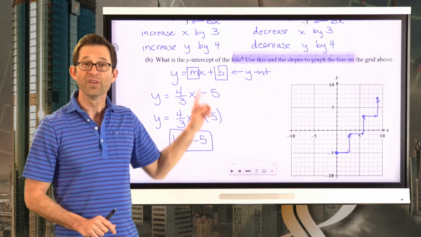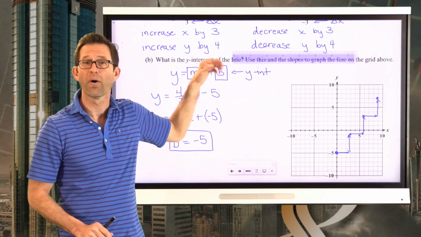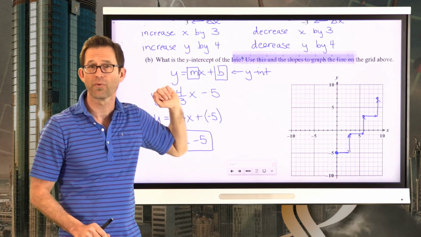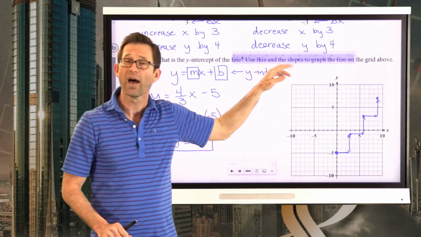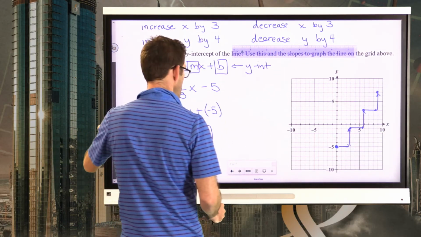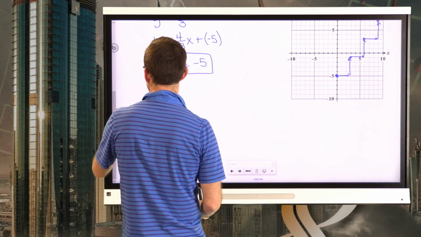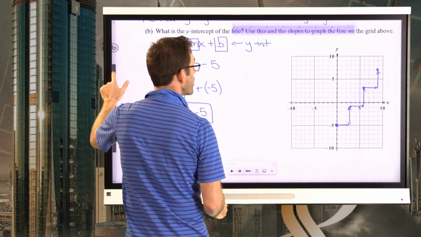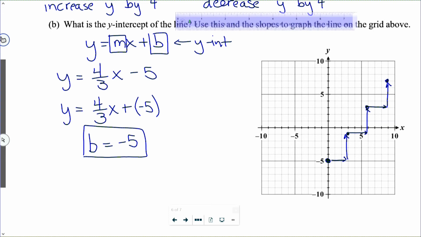And that's this interpretation of slope, right? Positive 4 divided by positive 3. But we could also have negative 4 divided by negative 3, and that would say, let me extend this a little bit, I'm going to decrease x by 3, decrease y by 4.